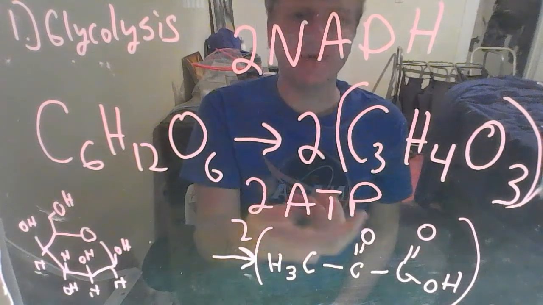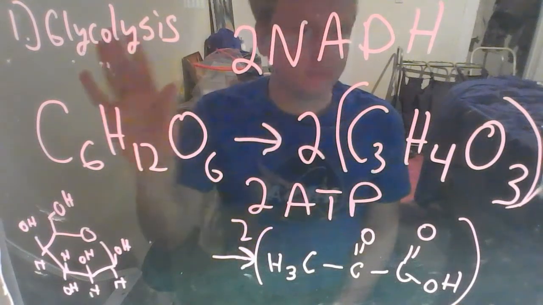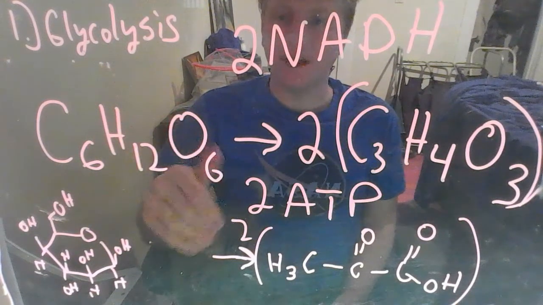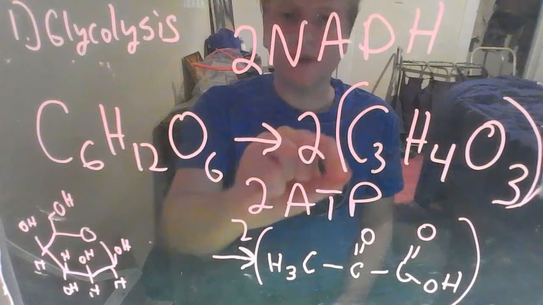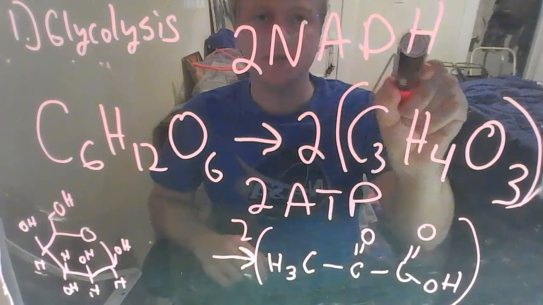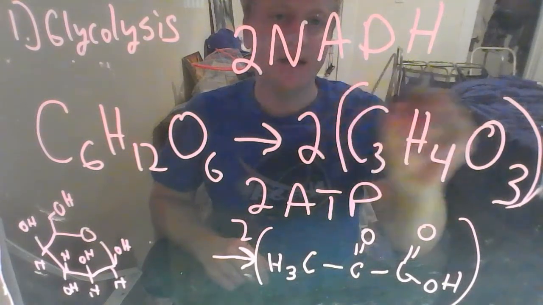You're taking the energy from breaking those bonds and you are phosphorylating an ADP. I'm not worried about that detail right now. What I want you to know is that you're taking this glucose, breaking it in half, picking up these hydrogens and putting them onto this electron carrier here, NADH.